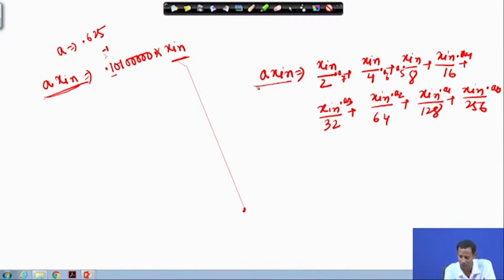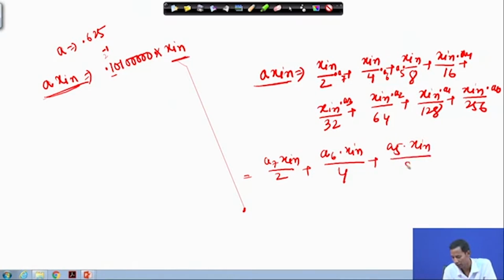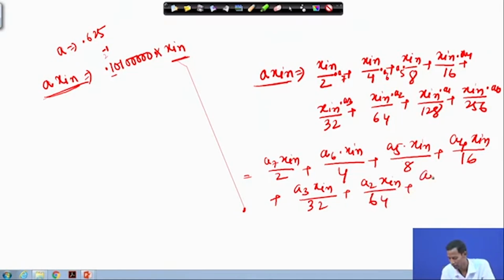That means this A into x in term can be written as A7 into x in divided by 2 plus A6 into x in divided by 4, A5 into x in divided by 8, A4 into x in divided by 16 plus A3 into x in divided by 32, A2 into x in divided by 64, A1 into x in divided by 128 plus A0 into x in divided by 256.